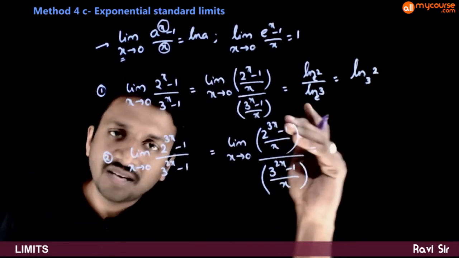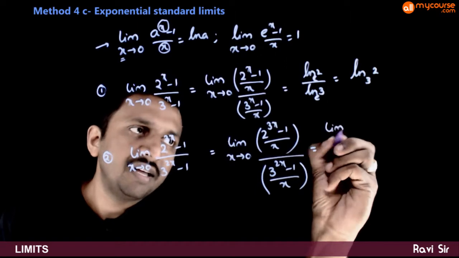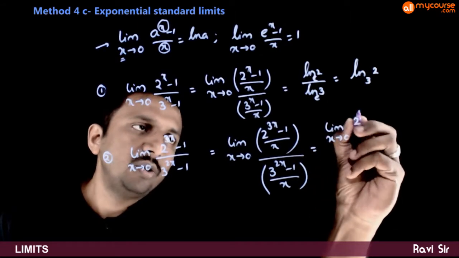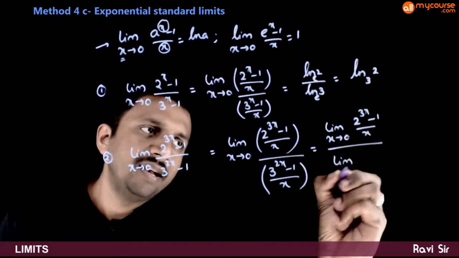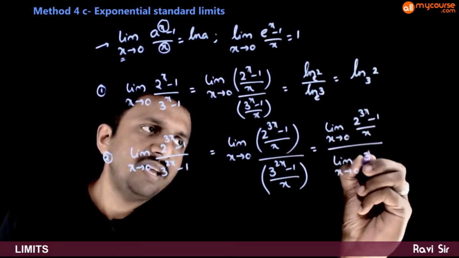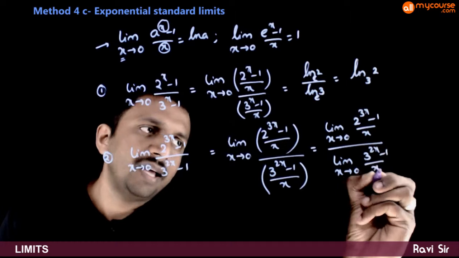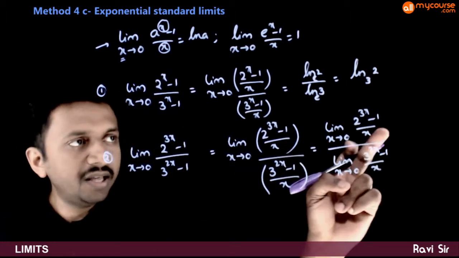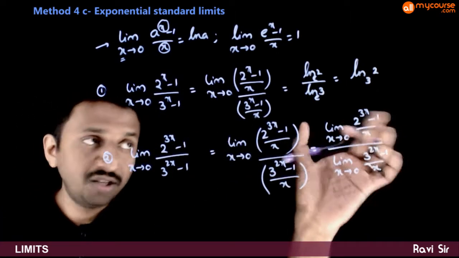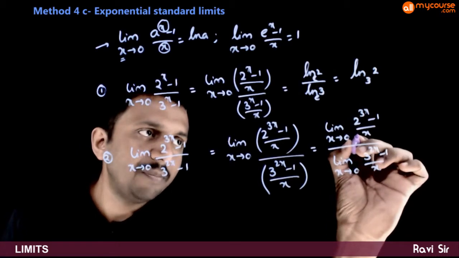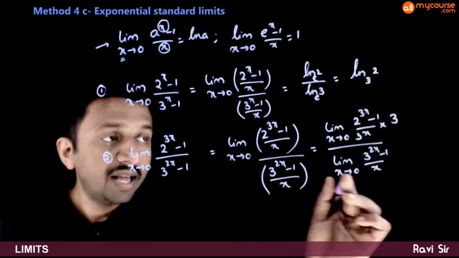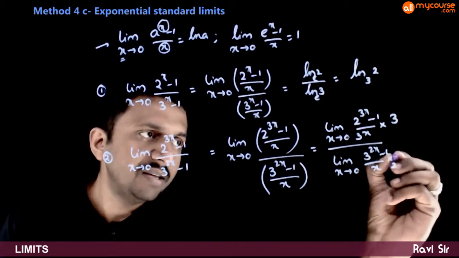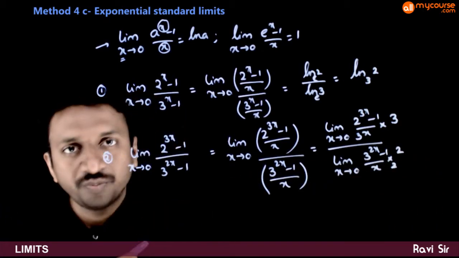Now I will separate these limits. That is, limit x tends to 0 of (2^(3x) - 1)/x divided by limit x tends to 0 of (3^(2x) - 1)/x. In the numerator, I'll multiply the numerator and denominator by 3, and in the denominator, I'll multiply the numerator and denominator by 2.